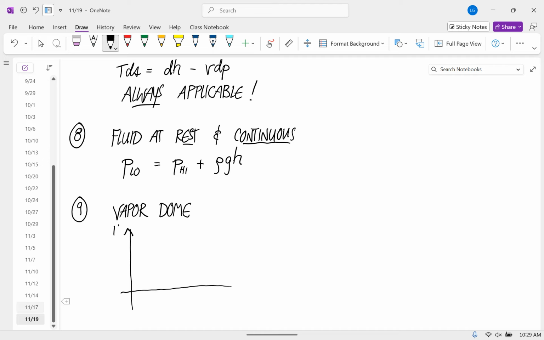Let's think of it as temperature and specific volume. And it looks something like this, where you have a compressed liquid over here. Inside here, you have a saturated mixture of liquid and vapor. And over here, you have a superheated vapor.